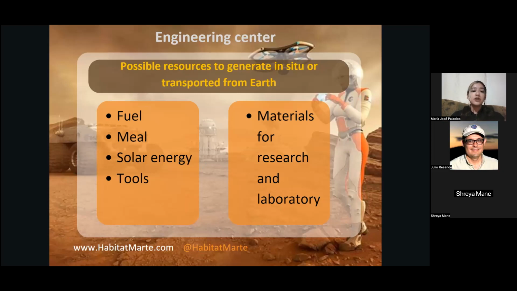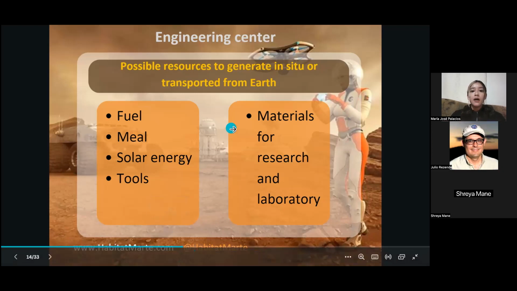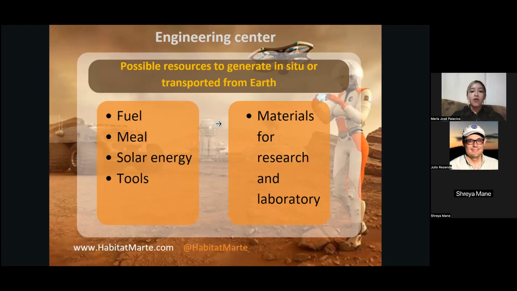And we're going to generate tools too. How? Because we're going to print them with the 3D printer. The resource that we're going to transport from here are all the materials for research and for the laboratory.